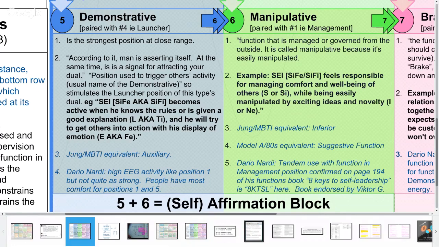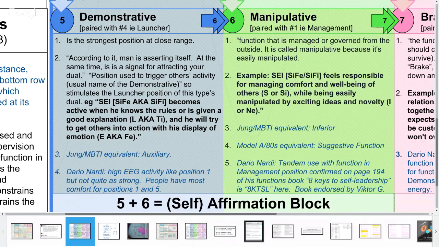Function that is managed or governed from the outside. It is called manipulative because it is easily manipulated. Think of STPs with NFJs, or in other words, beta STs with beta NFs. Right, example, SIFX.